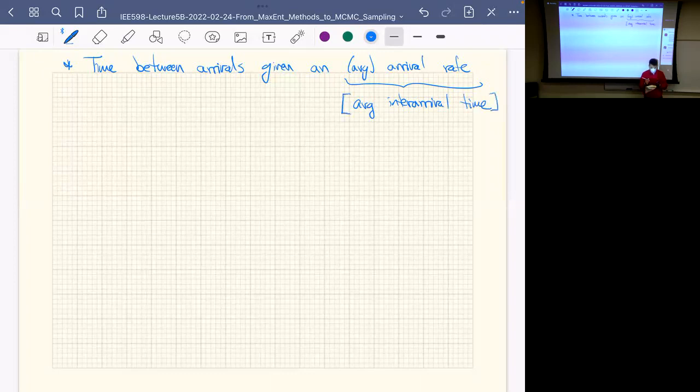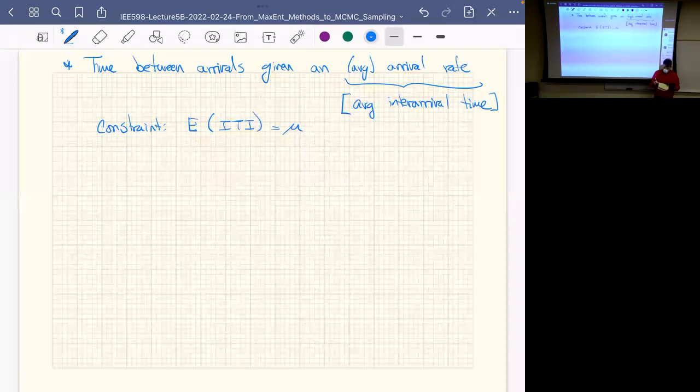And then my constraint is that the expected inter-arrival time, or inter-arrival interval, is mu, or the rate is 1 over mu.